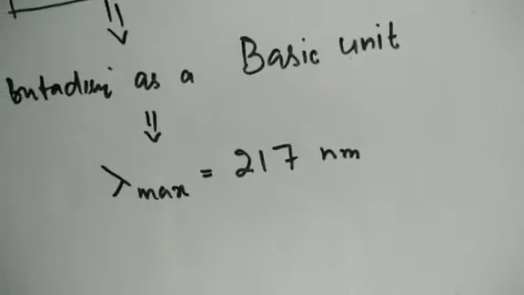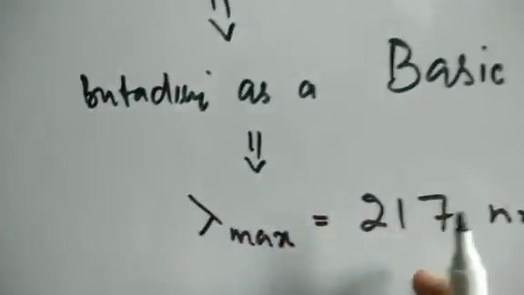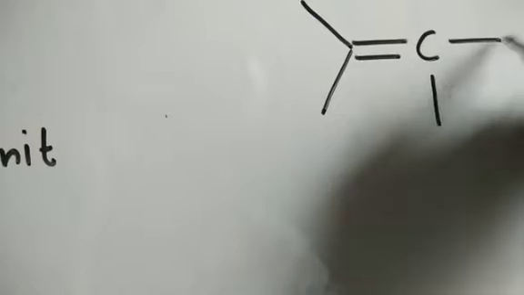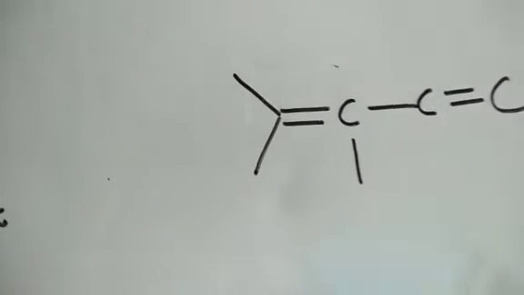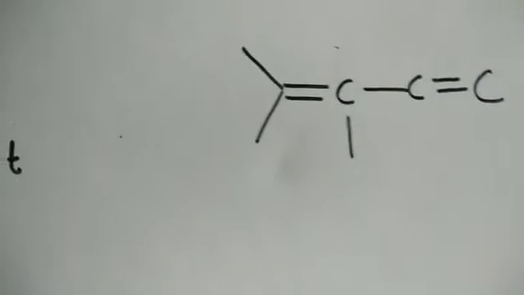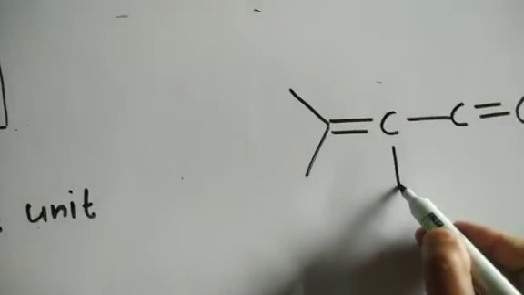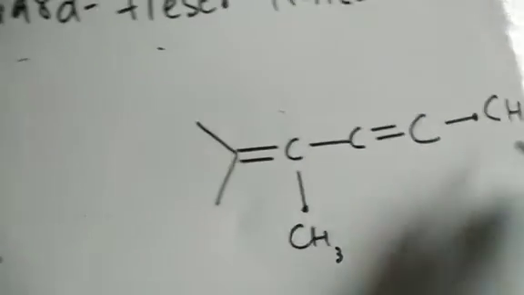To understand this, we'll take an example. Point number 1, we are choosing butadiene as a base unit, and its absorption is 217. Let's take an example. There is a molecule like this, with a double bond. These bonds I'm showing are CH3, CH3.